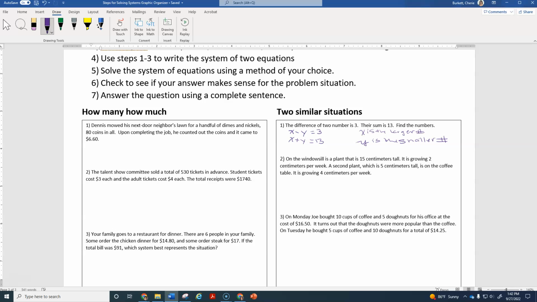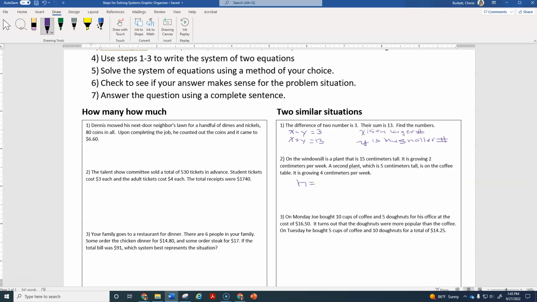Here's another two similar situations. On a windowsill is a plant that's 15 centimeters tall. It's growing 2 centimeters per week. A second plant. So see, we're talking about plants here. So the two similar situations is we've got two different plants. They're two different heights and they're growing at two different rates. So let's let H represent the height.